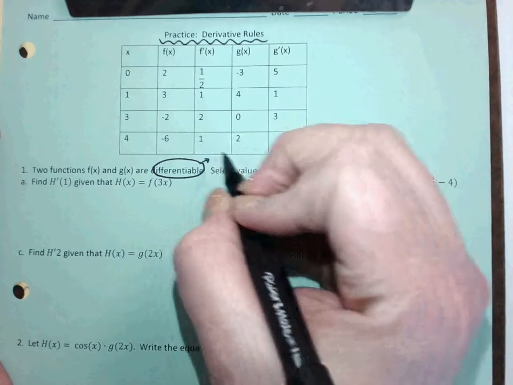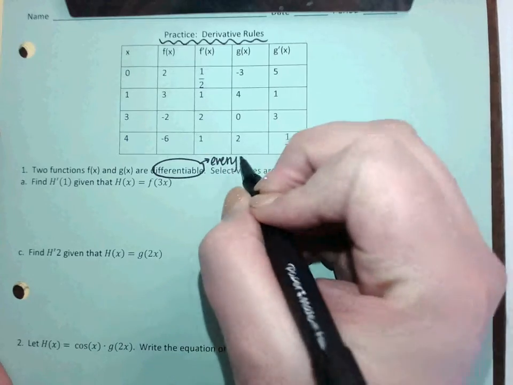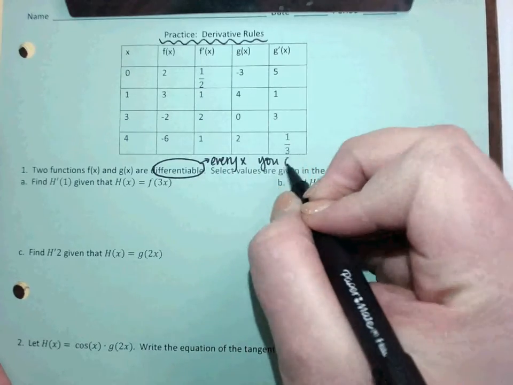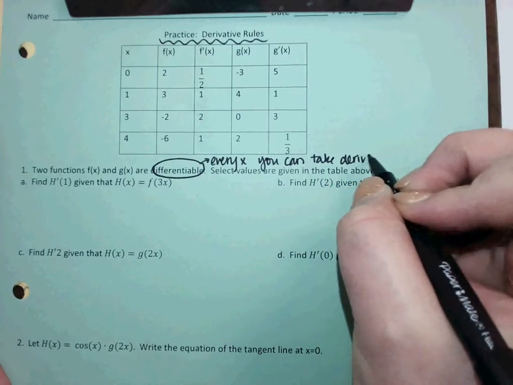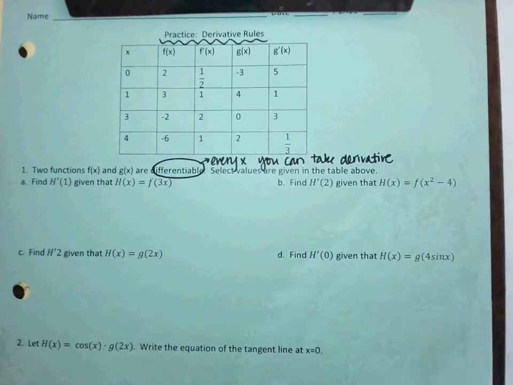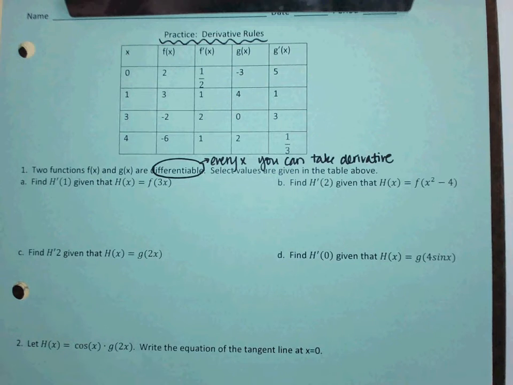That just means at every x, you can take the derivative. Now, we can't take the derivative for every x if we don't have it in the table, but it's just saying that all your functions are regular, normal, maybe like a polynomial.